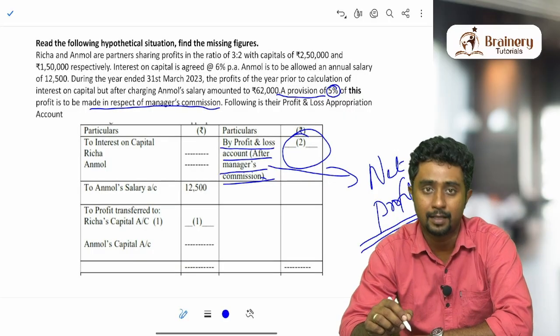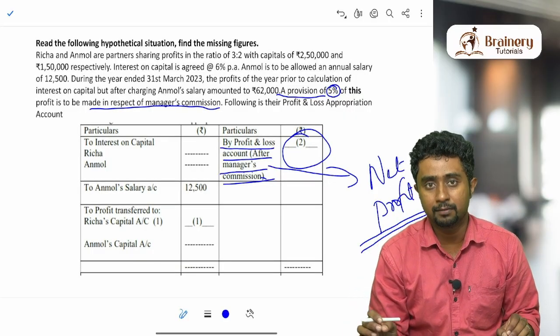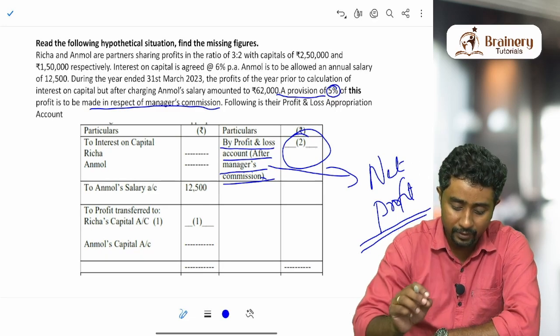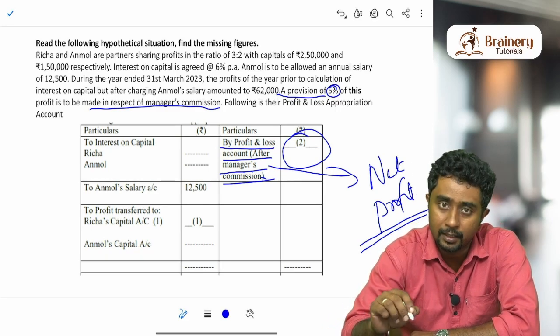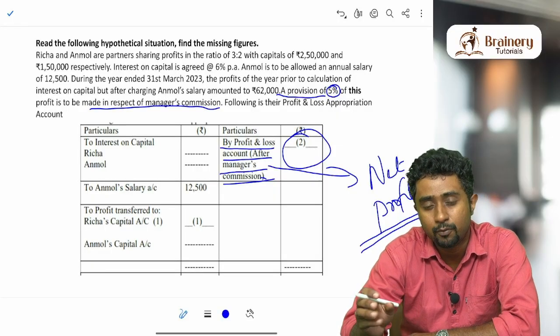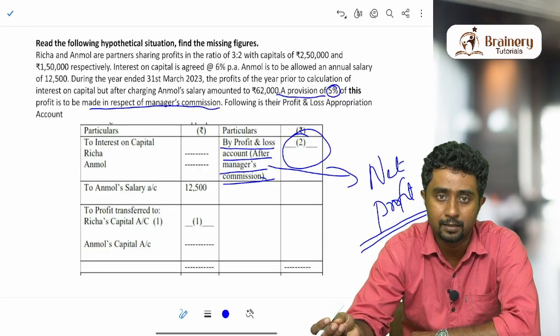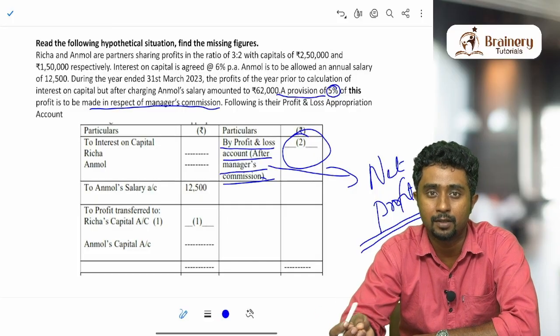Forget about the statements that they give in brackets. Whatever profit with which you are going to start the profit and loss appropriation account will obviously be net profit. So we need to find out the net profit. Clear? How to find it? After giving the manager's commission, whatever profit is remaining in the profit and loss account is called net profit, right?